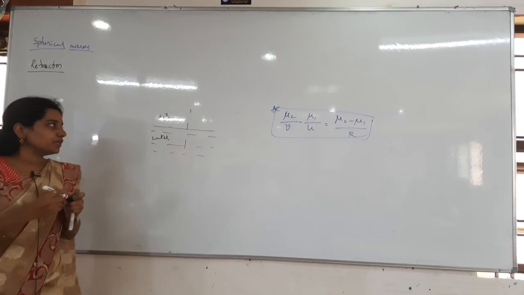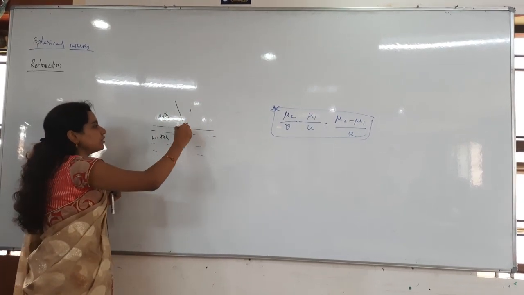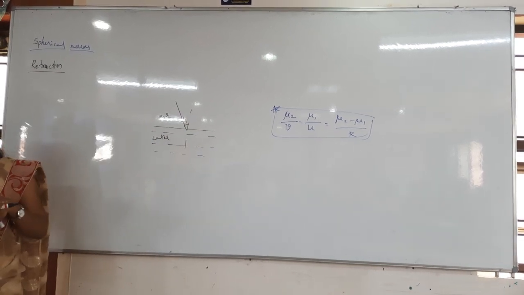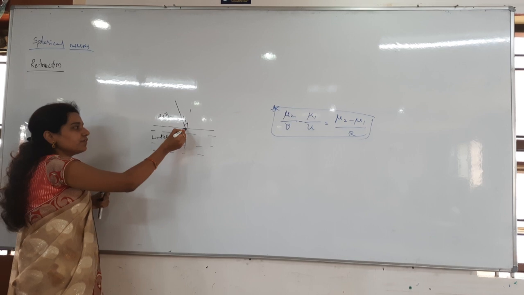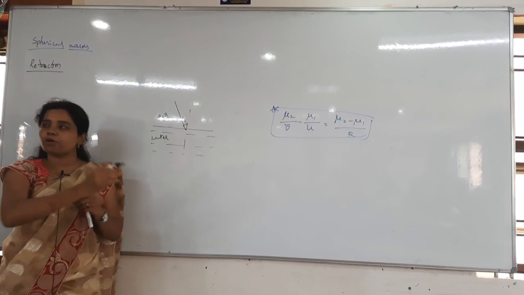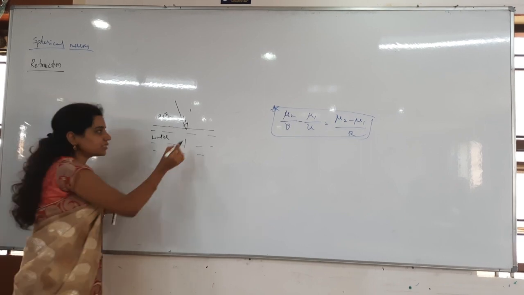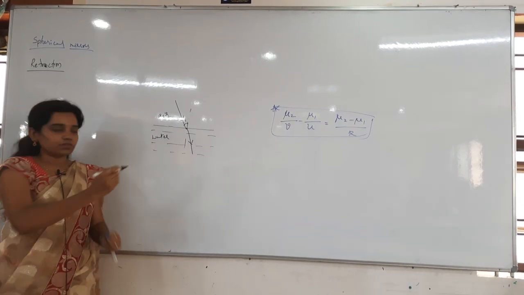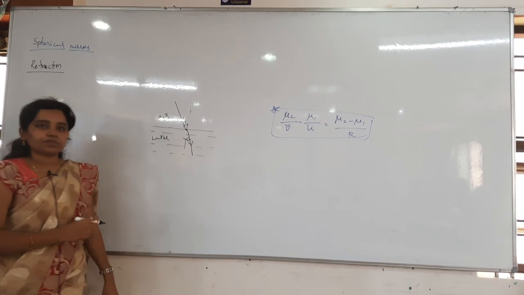Whenever the light is incident on the boundary with angle of incidence i, it will bend. Whenever it is crossing from one medium to another medium, whenever it touches the boundary, it will bend towards the normal. This is the angle of refraction.